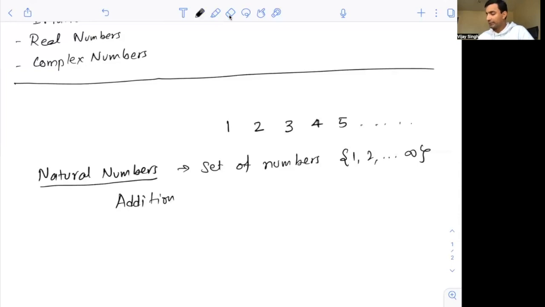addition. If you take any two natural numbers, so let's say we take the natural number 2 and the other natural number 5, and then we add them together, we get another natural number, which is 7. So if you take any natural number and add it to another natural number, you'll get another natural number. We can also define a function of multiplication.